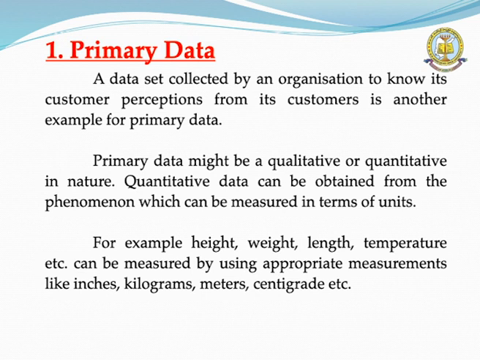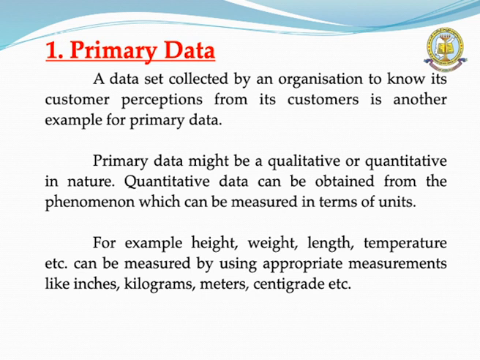Primary data might be qualitative or quantitative. Quantitative means one can measure it. For example, height, weight, length, temperature, these are examples of quantitative data, which can be measured.